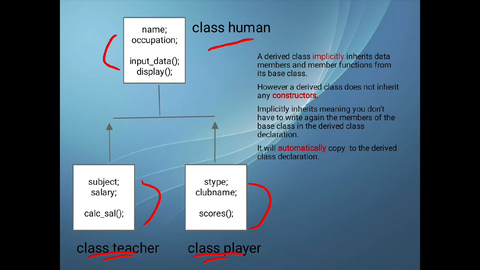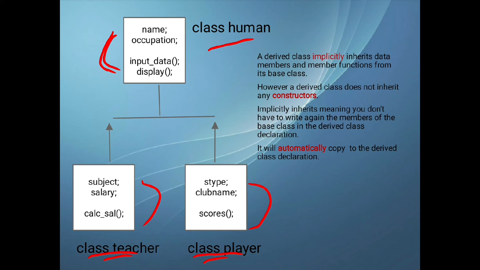But when I say implicitly inherits, it means you don't have to write again the members of the base class. The whole purpose of inheritance is reusability. You are able to reuse the members of the base class in the derived class.